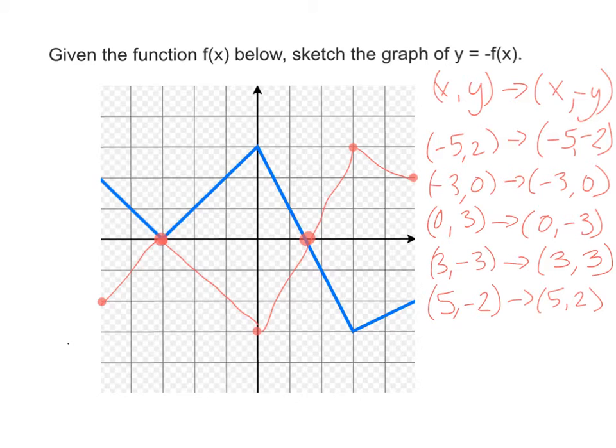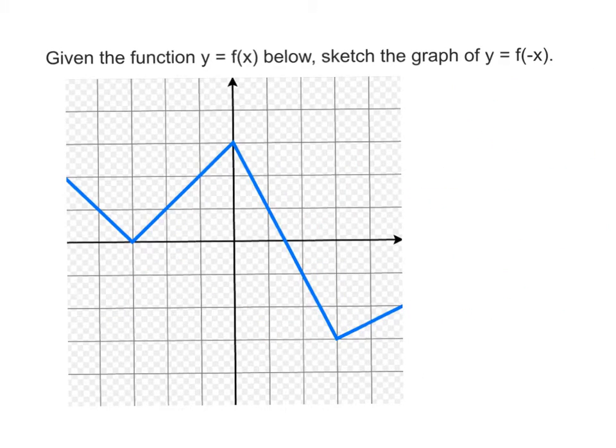It's right there, right? 3 over. So for this one, what would the mapping rule be? It's asking us to take this function f of x and sketch y equals f of negative x.